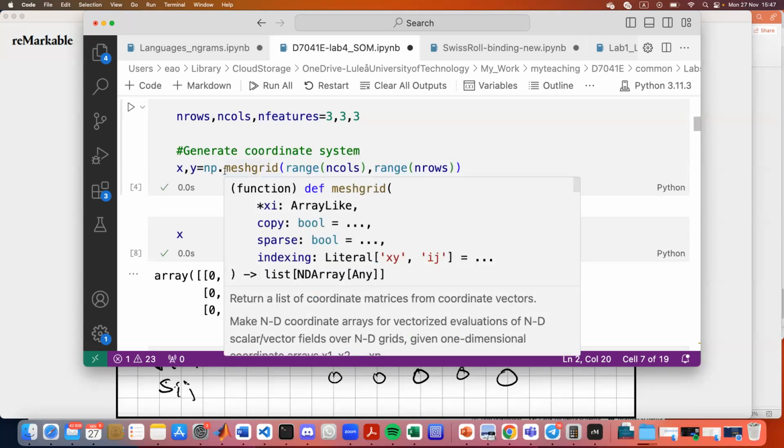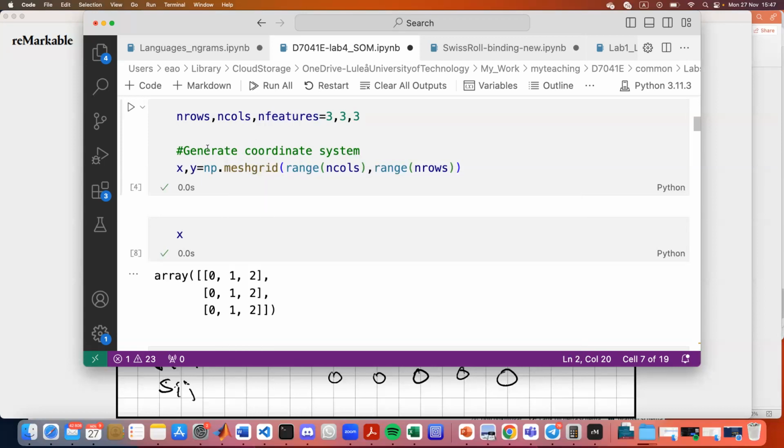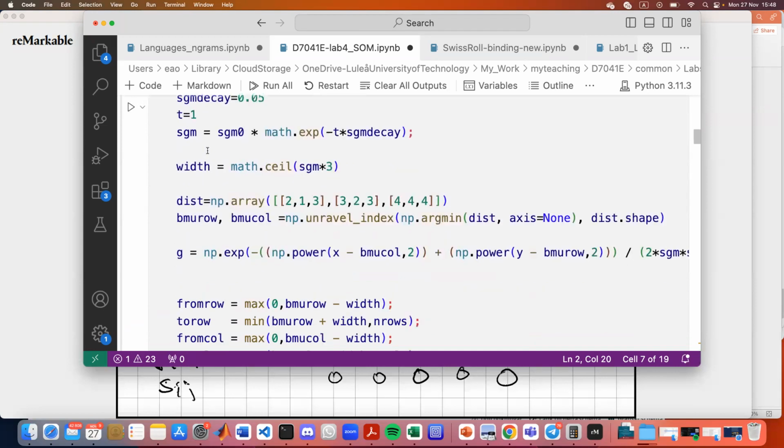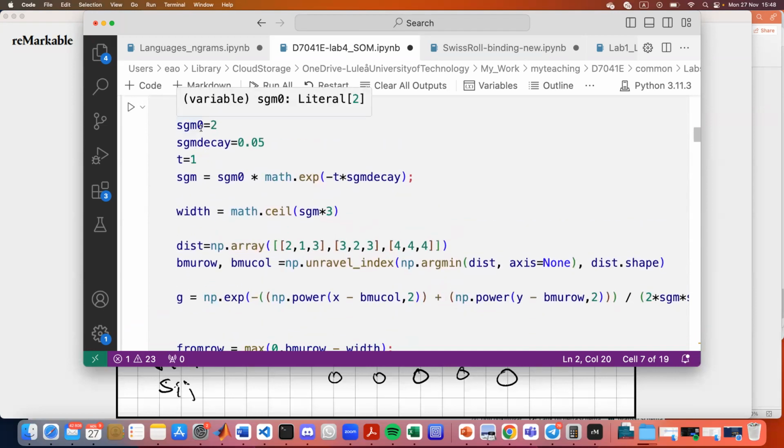Here I use meshgrid. Meshgrid creates a coordinate system, which we need. If we determine a winner node, for example in the middle, we know its coordinate, for example 1, 1. So we can consult array X to find out the index of the winning node. So what happens next? We have this sigma.